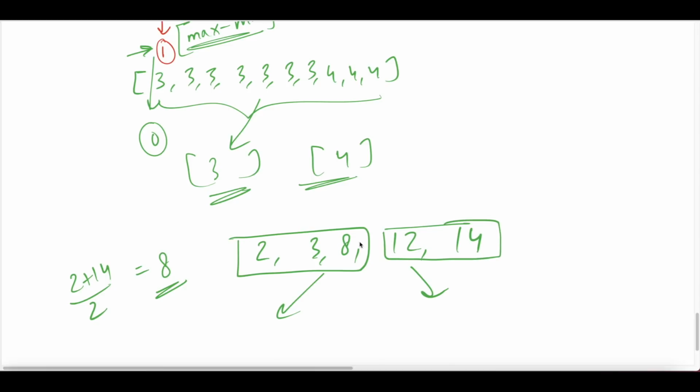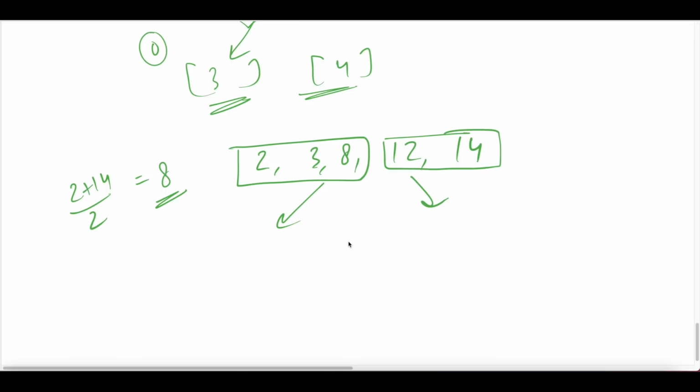Instead of storing these, you can occupy a lot of memory if you store this, and then in the left node you store 2, 3, 8, and then you store 12, 14. Since it's a subarray, what I can instead do is just store the indices, which means that if this was index L to R, then I can find the mid. So instead of storing 2, 3, and 8, I can store simply 2 numbers, which is L and mid.